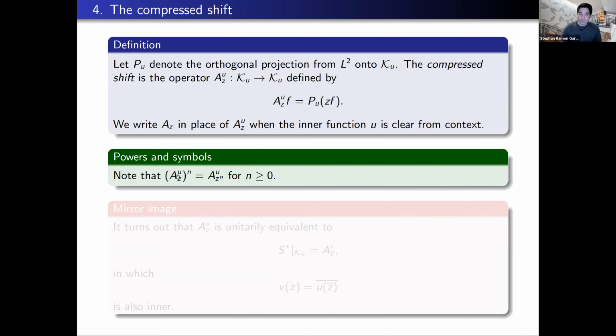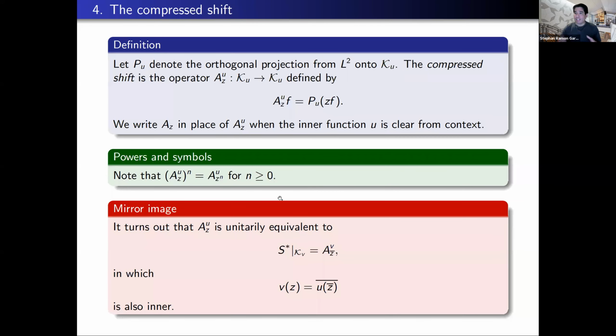The nth power of the compressed shift is really the compression of, well, maybe I didn't define what this notation would mean, so stay tuned for the truncated Toeplitz operator lectures. I don't want to dwell on this since I didn't define what it means to put a symbol down there. But that would be a truncated Toeplitz operator with symbol z to the n.